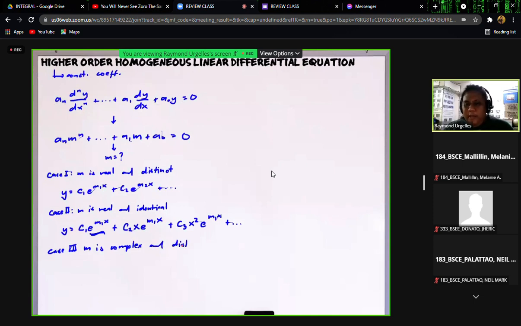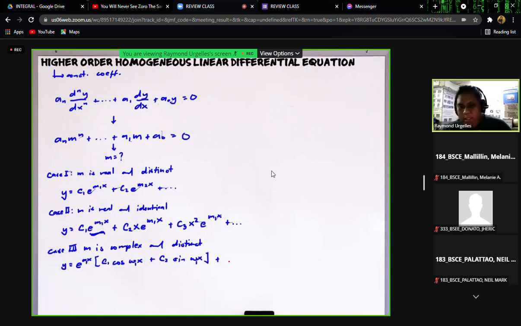So when we get complex numbers, and the complex numbers that come out are different from each other, this will be the solution. So y will become e to the alpha x, times C1 cosine of omega x plus C2 sine of omega x. So this is alpha 1, omega 1.